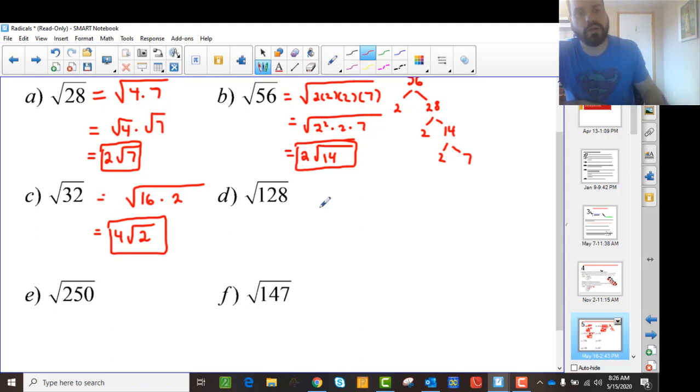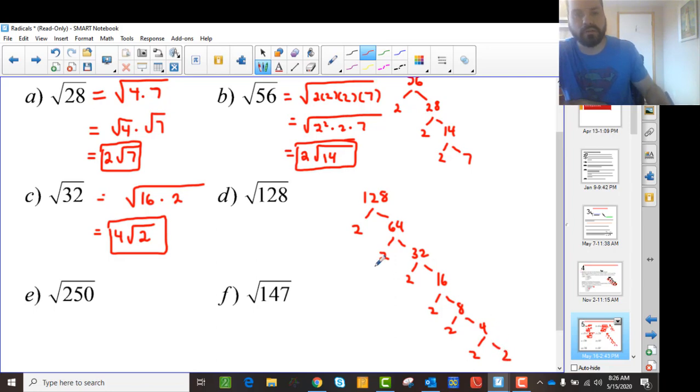Okay? For 128, again, we can prime factor just to show you how this works. I'm not suggesting that it's the best method necessarily. Okay, but what we're going to do is keep dividing by 2 until we can't anymore. This looks like it's just going to keep letting us divide by 2.